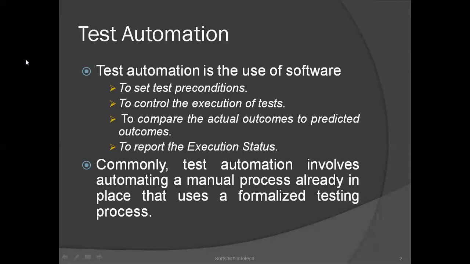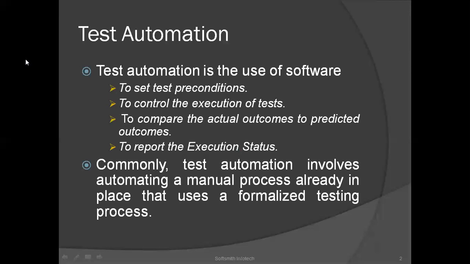To compare the actual outcome to the predicted outcome, we also use test automation. These are the features of test automation. To report the execution status, as I said, you can run the test script overnight and the next morning you can get the automation status. Test automation involves automating a manual process already in place that uses a formalized testing process. As I said, the manual test cases you are doing over and over, the same thing.